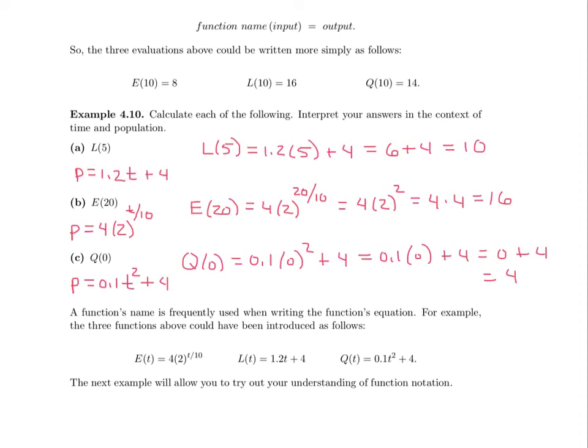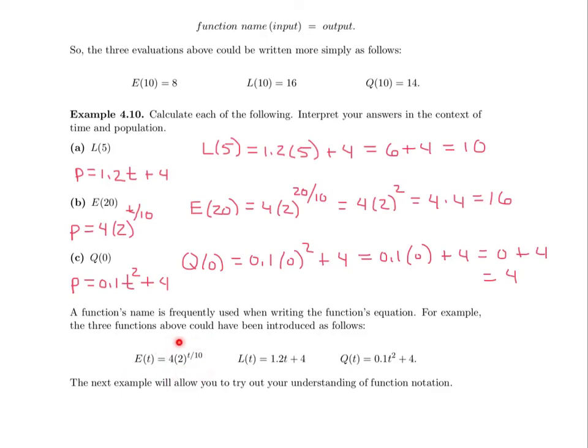For example, the 3 functions above, namely the linear function, the exponential function, and the quadratic function, these functions could all have been written as follows, using our new function notation. So instead of using the letter P to represent the outputs of these functions, we could use our new notation for the outputs. So let's look at the first equation.